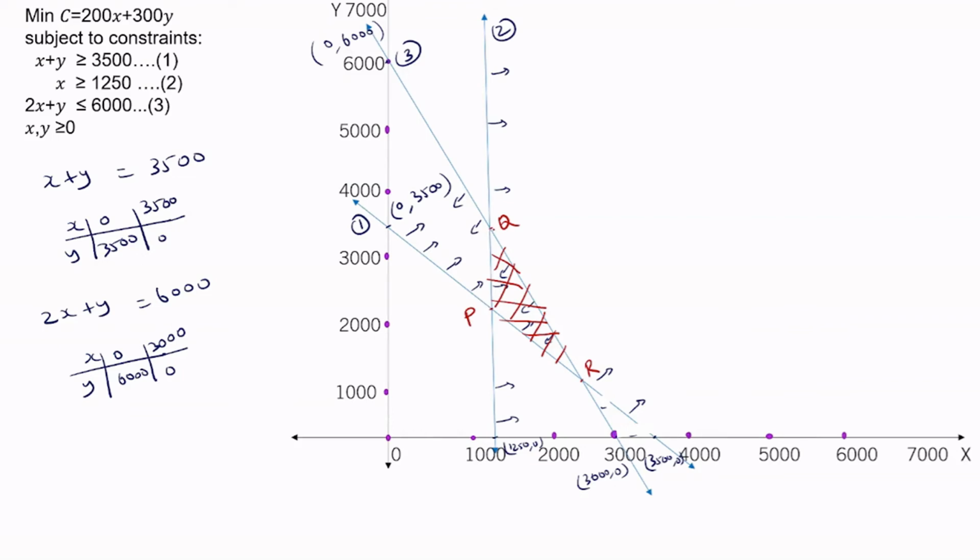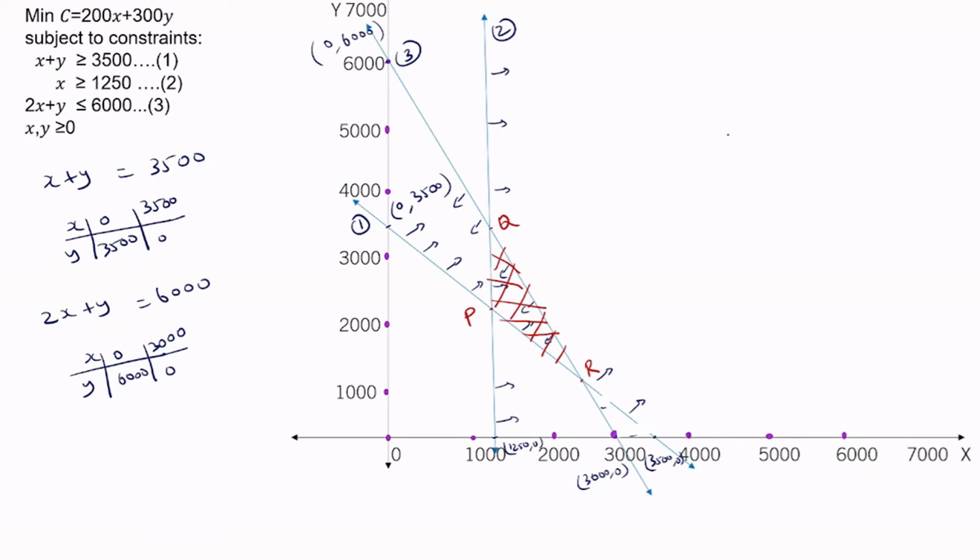Now we know that using the corner points method, the optimal value of the objective function will be reached at one of the corner points if the feasible region is bounded. So since this is a bounded feasible region, the minimum value of C will be obtained in one of these corner points. Now let us find the coordinates of each of these.